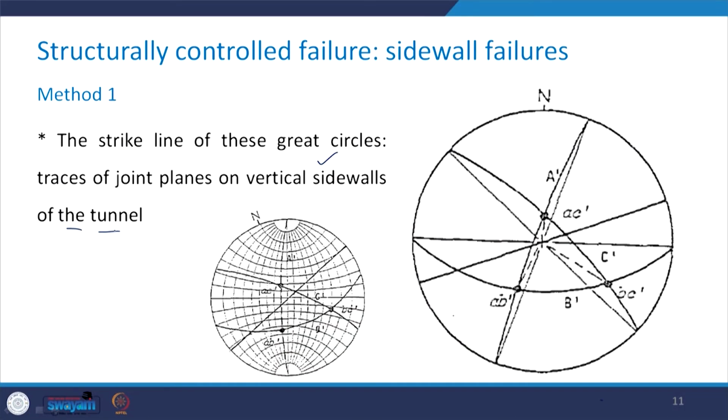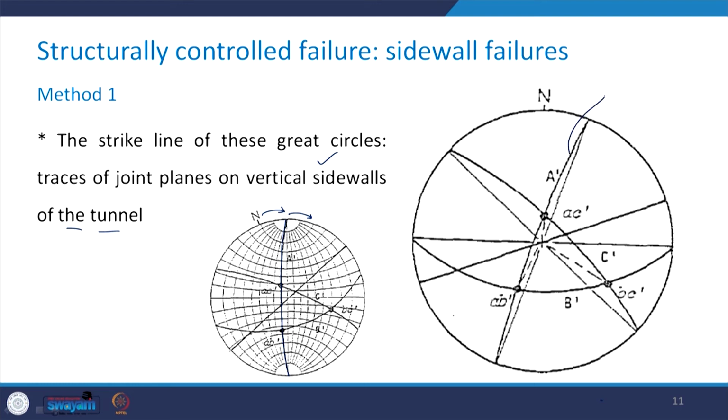Take a look here. See, in this figure we showed the construction of the great circle which was passing through the points AC prime and AB prime. Now, I rotate back this north to the original position. So, you see that this circle will also get rotated by the same angular distance and it will look like this.